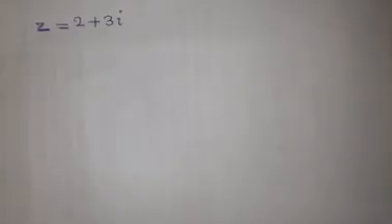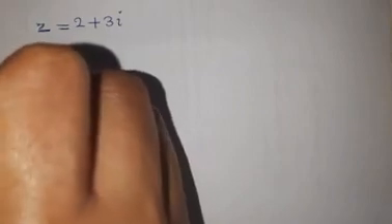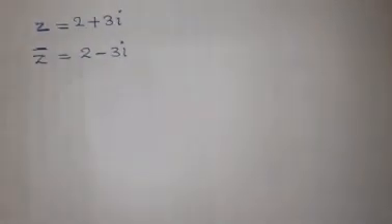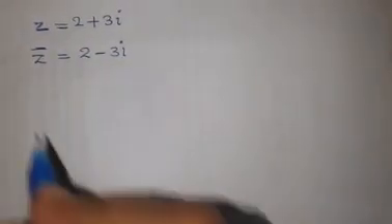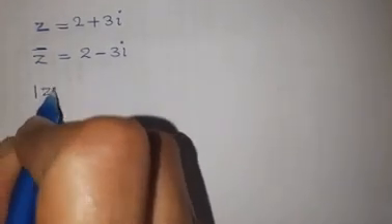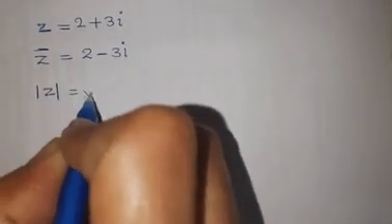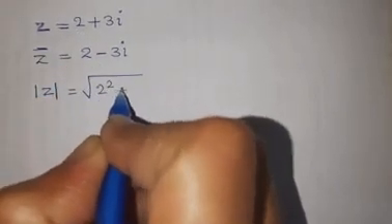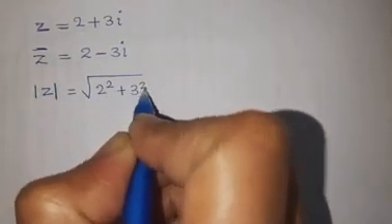For example, consider z is equal to 2 plus 3i. Then the conjugate of the complex number z is z bar is 2 minus 3i. Conjugate കണ്ടുപിടിക്കാനായി imaginary partന്റെ sign change ചെയ്താൽ മതി. Modulus of z is root of 2 square plus 3 square.